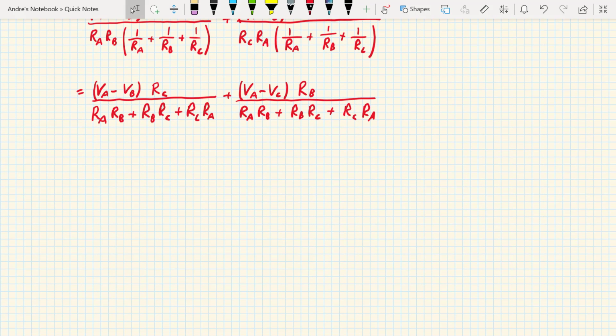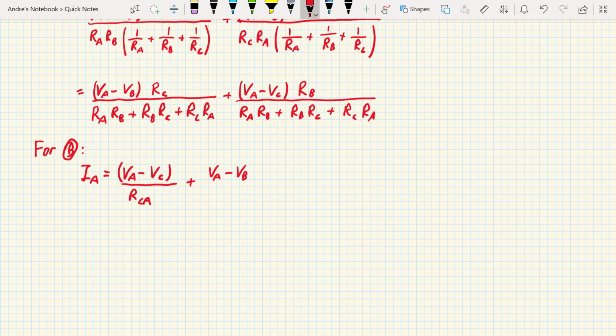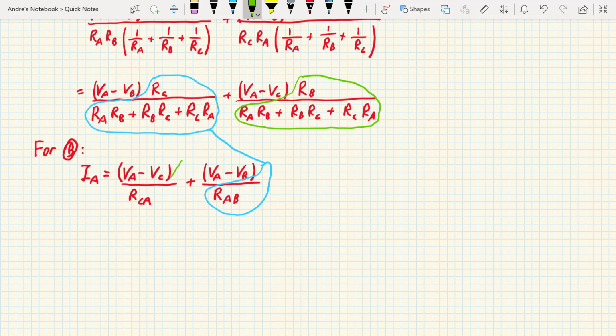Now let's analyse network B. There it's a much more straightforward calculation. IA is equal to the current flow between A and B plus the current flow from A to C. So consequently IA is VA minus VC over RCA plus VA minus VB over RAB. Now if networks A and B are to be equivalent, then it must be the case that the numbers which multiply the expressions VA minus VC and VA minus VB are the same for both networks.